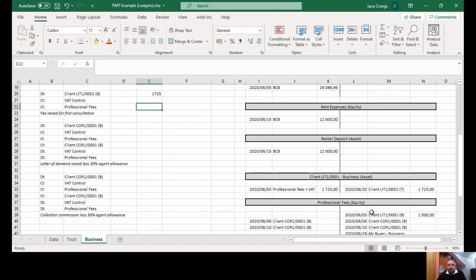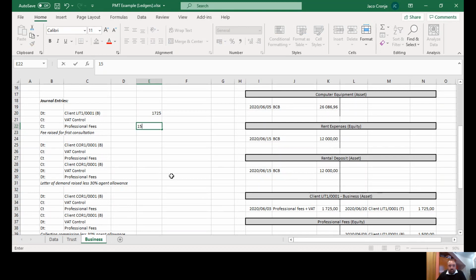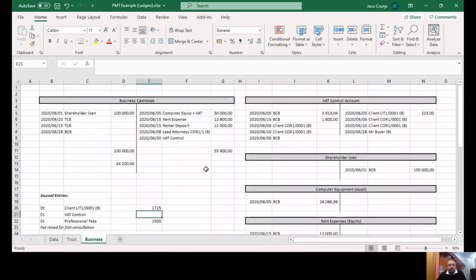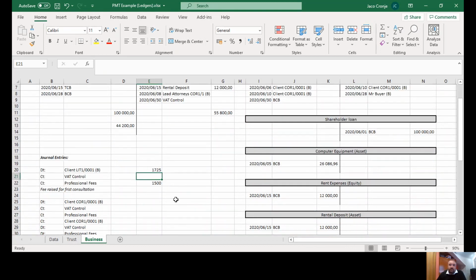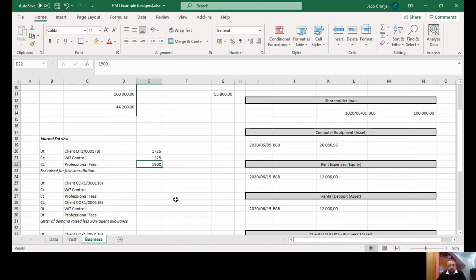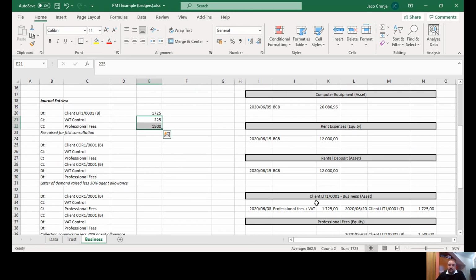I credited my professional fees with an amount of 1,500. And what do I need to balance? The VAT. I credited my VAT control with 225. Add those two together, you can see my journal balances. So yeah, that's the main thing. Remember to go back after you've done your cheat in the ledgers, to go back and do the actual journal, which I now forgot.